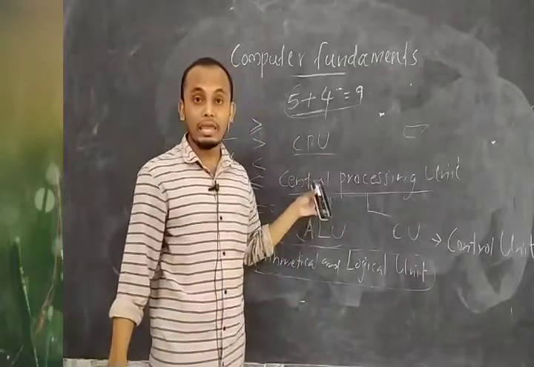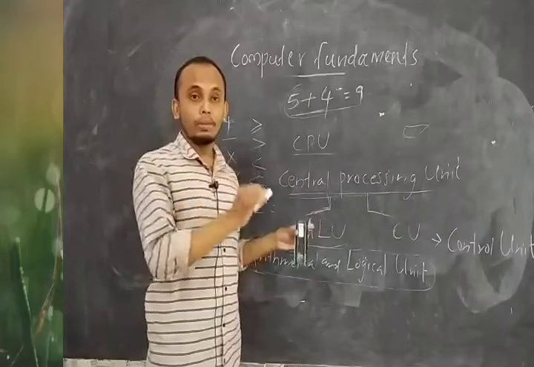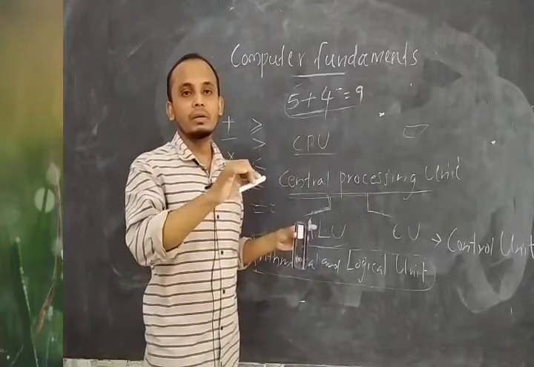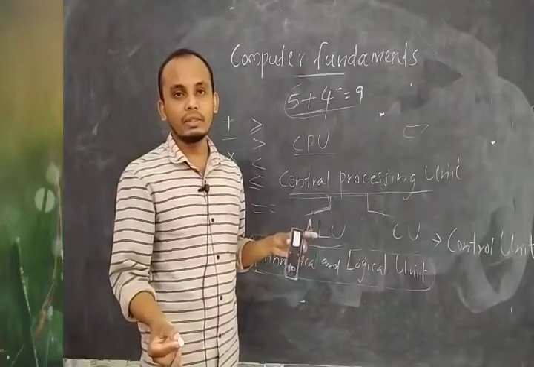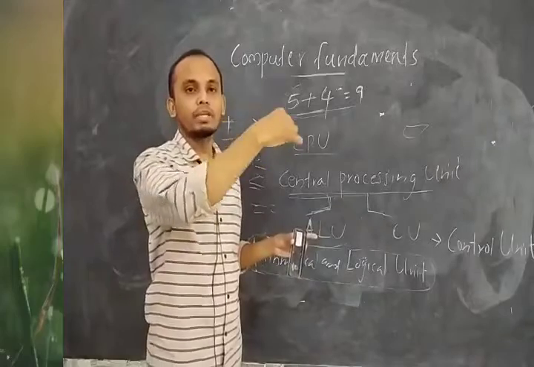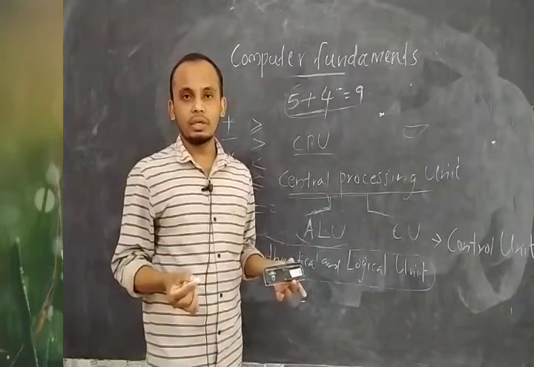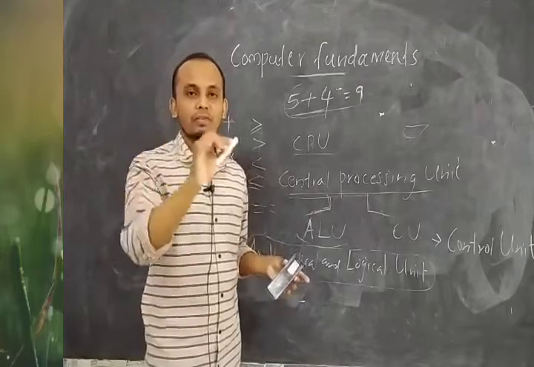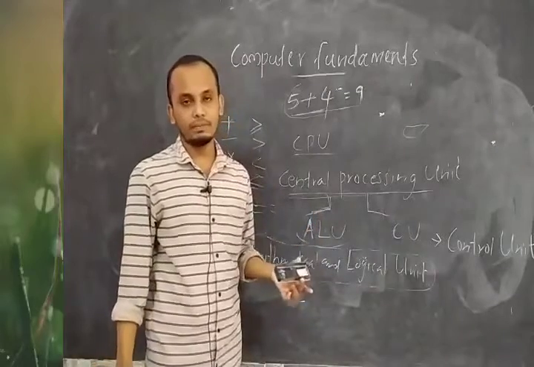This ALU will add those two numbers, and again it will send the result to memory. Then finally from memory it will move to output devices. Then memory will send the next instruction to ALU for the next operation.